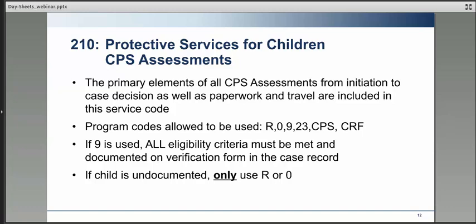The reason for that is because of the undocumented status and requirements of different funding. Remember, we mentioned eligibility earlier. Well, for an undocumented child in the 210 service area, the only codes that can be used are R and 0. You may not use any of the other service codes. Now, we're going to talk more about eligibility criteria in just a moment, especially as it relates to 9.